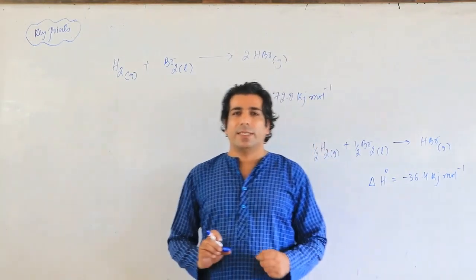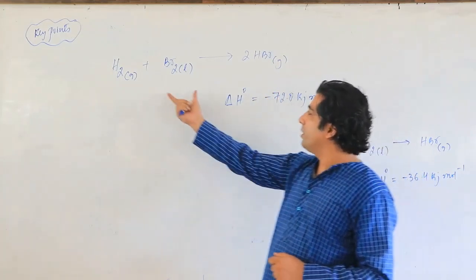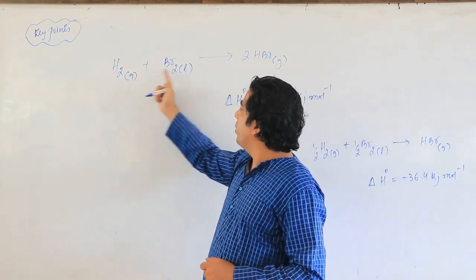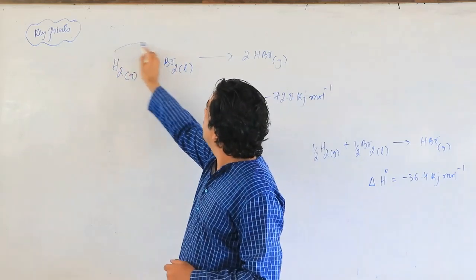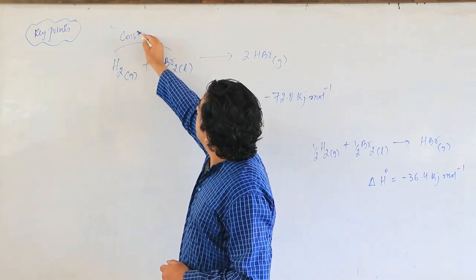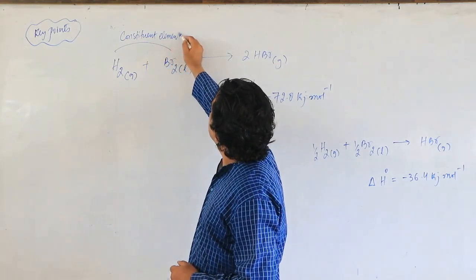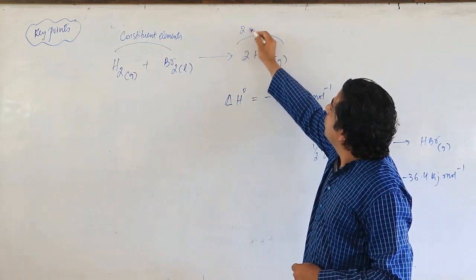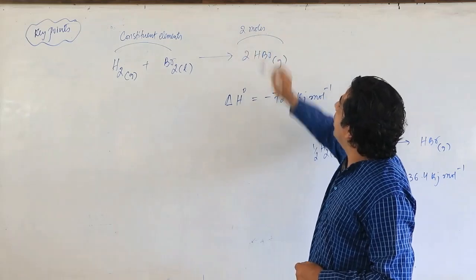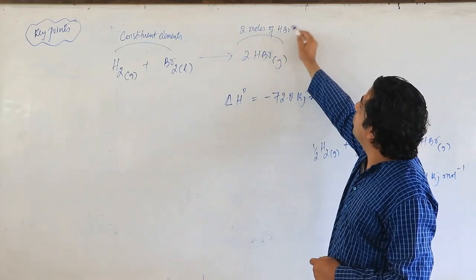Now let us discuss a key point here. I have given you this reaction where H2 and Br2 are the constituent elements. They are giving me 2 moles of HBr.